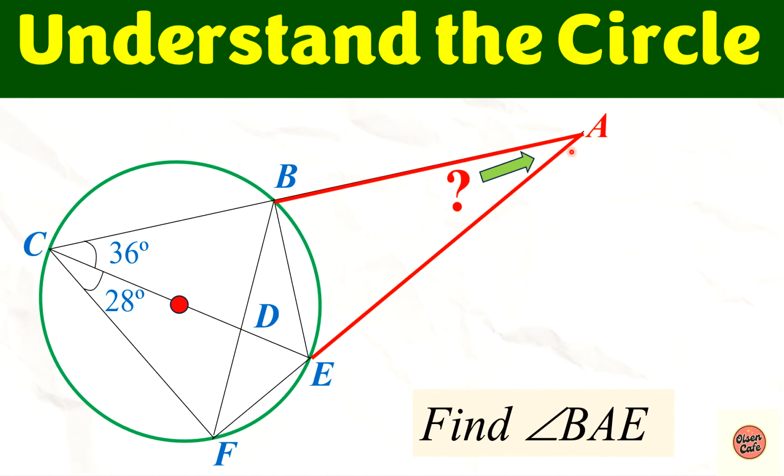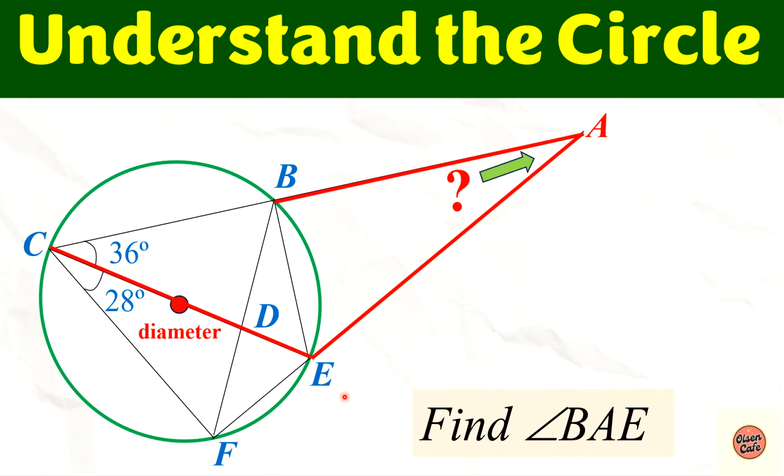So what else do you see here in these circles? I have a point here, and this point is the center of the circle. So if this is the center of the circle, I will have this line that passes through the center. This CE is known as the diameter, which is the longest chord of a circle.